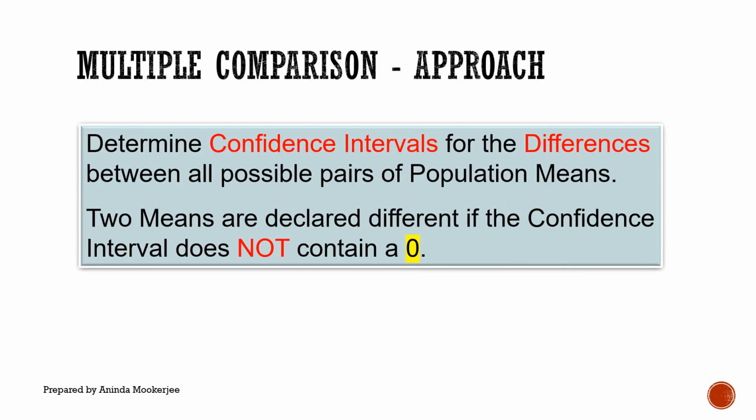And like I said before, we first determine the confidence intervals for the differences between all possible pairs of population means. And then once we find the confidence intervals, we look at their endpoints. The two means are declared different if the confidence interval does not contain a zero, right?